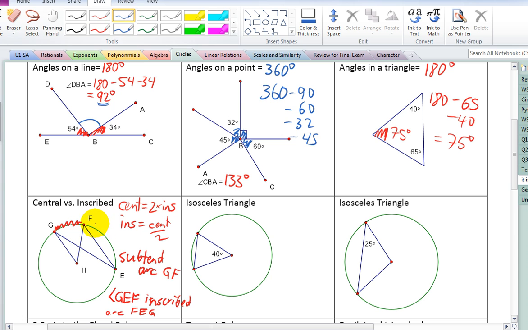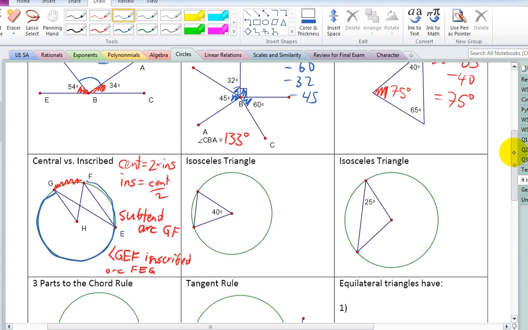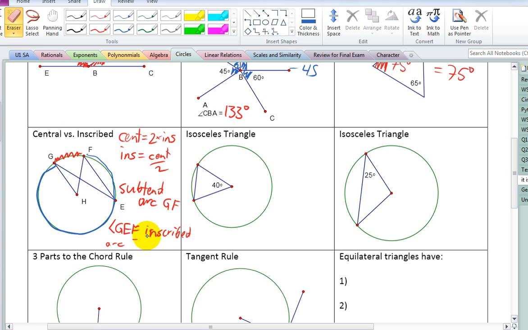So going backwards around the circle is what the angle's technically inscribed in. Okay. So arc FEG. Good. Then we start talking about isosceles triangles, noting that you must mark radii as equal.